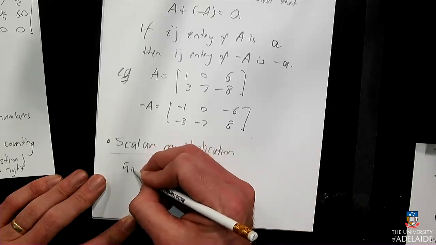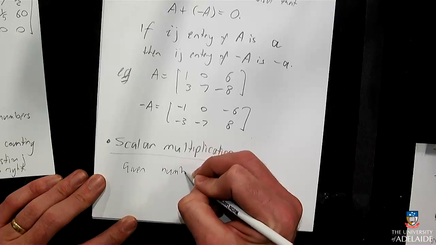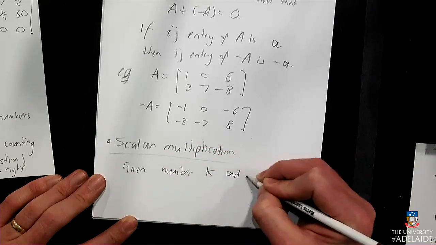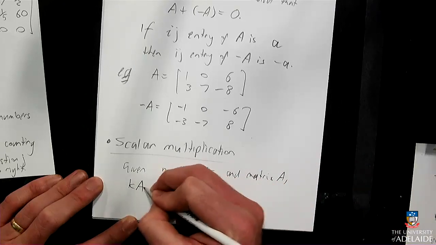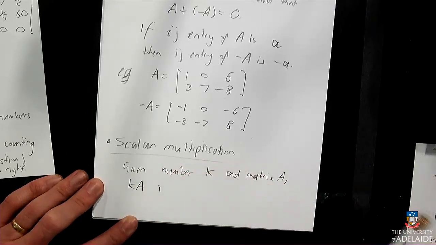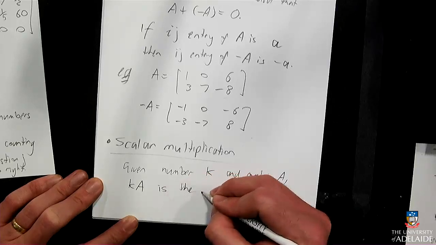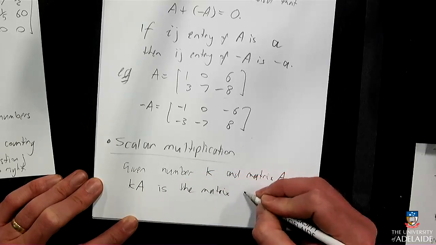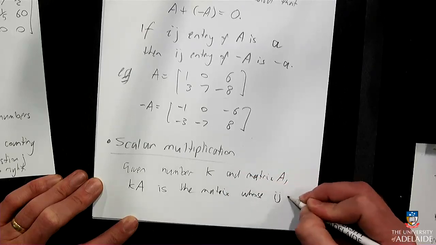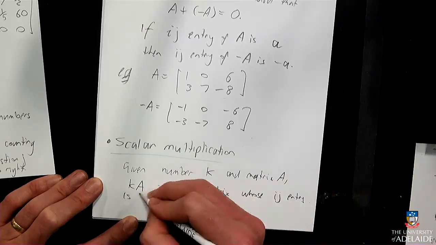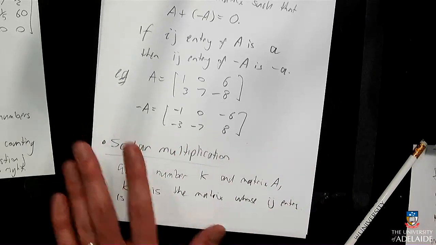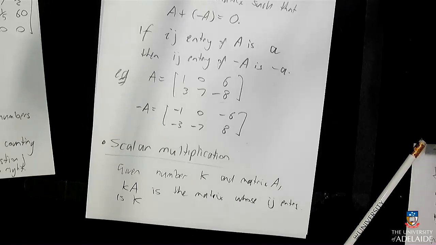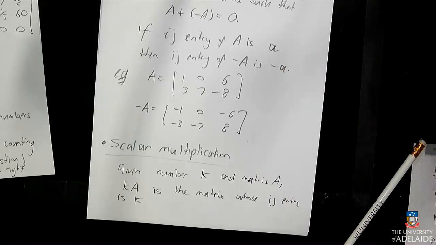So given a number k and matrix A, kA is the matrix whose ij entry is k. Just a second, that's too hard to say. Where's my eraser? Seem to have lost it.